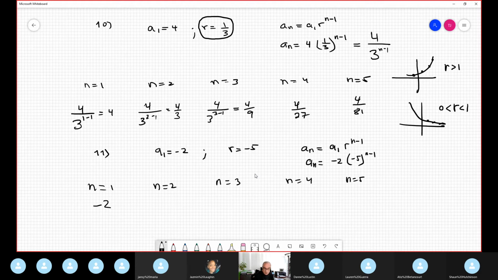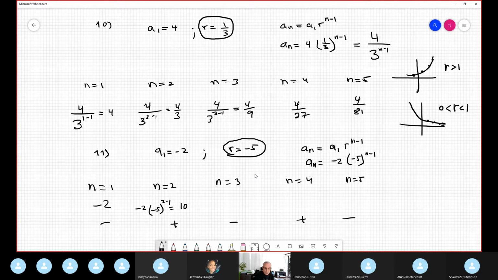Okay, let's do it. Negative 2 times negative 5 raised to the 2 minus 1. 2 minus 1 is 1, and negative 5 raised to the 1 power is negative 5, times negative 2 is positive 10. Do you see it's alternating? One is negative, one is positive, the next is negative, positive, and negative. The reason this happens is because the common ratio is negative.